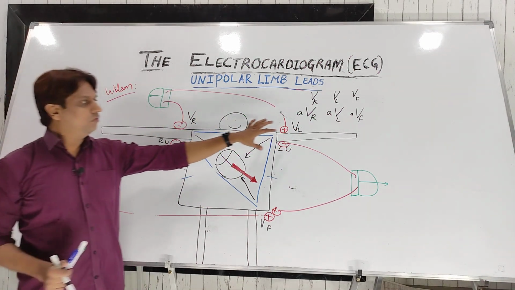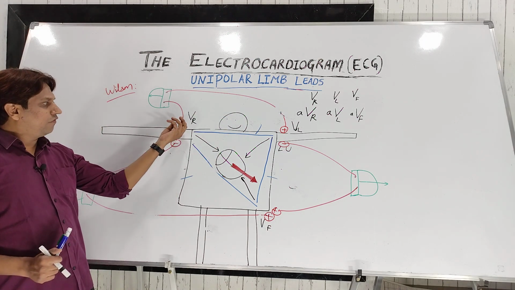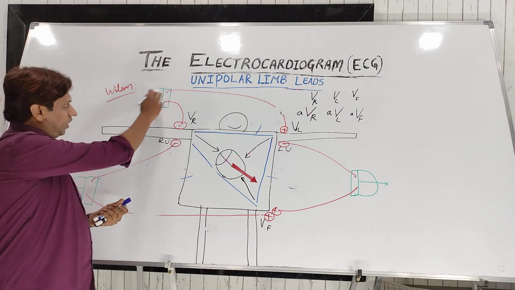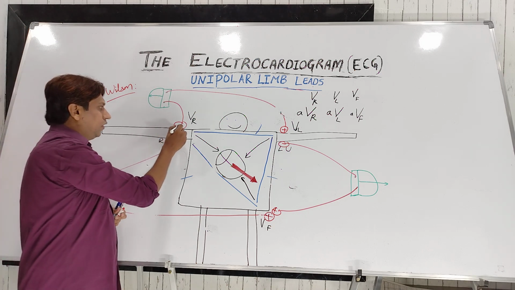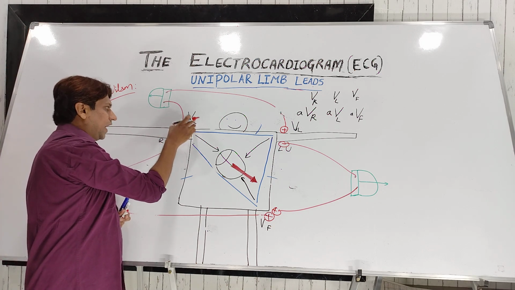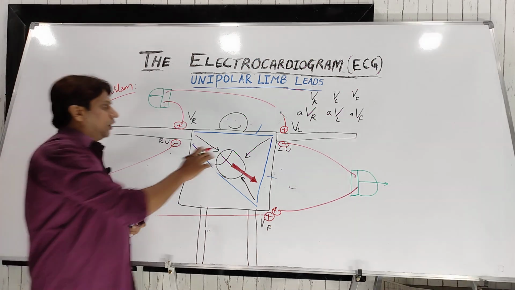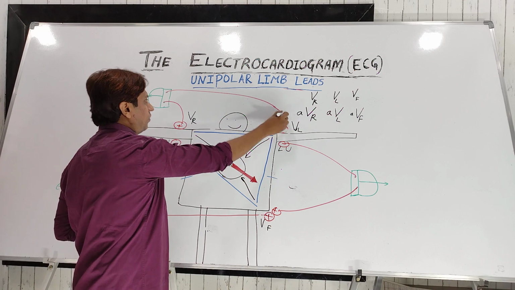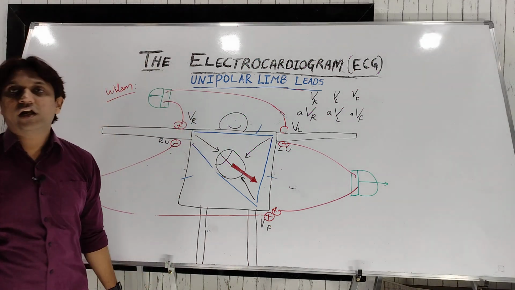How did he modify it? While recording VR on the same ECG machine, he kept one positive electrode on the right upper limb. The negative electrode, instead of being a single negative electrode, he made an indifferent electrode.